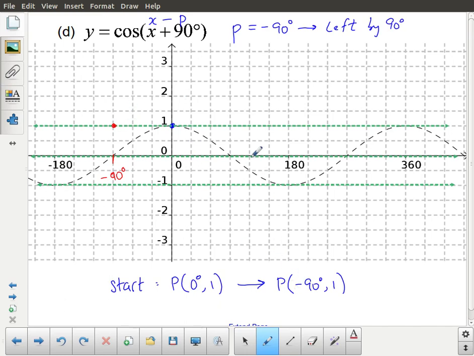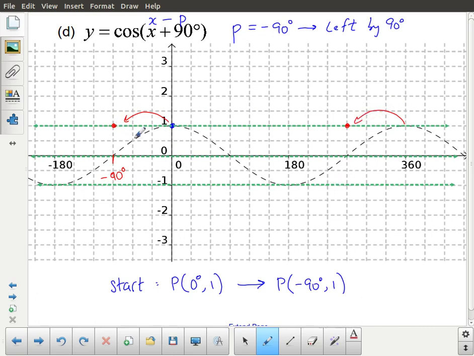And then I know that for cosine, since I don't have any other transformations here, the period is still 360. And so instead of my end being at 360 degrees, my end is going to be over here at 270 degrees, because this one has shifted over to there. As a matter of fact, everything has shifted over to the left.